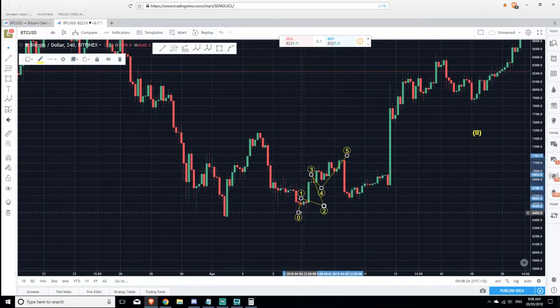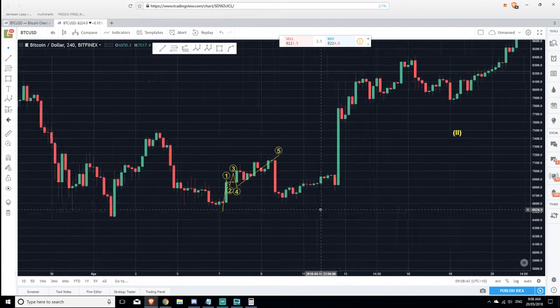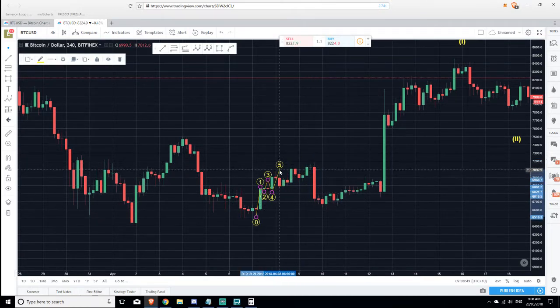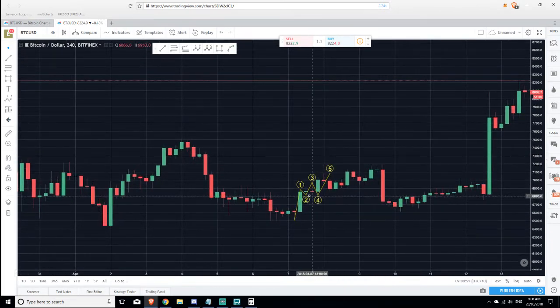Let's take this as the wave 1s and 2s. So that's wave 1, 2, 3, 4, then 1, 2, 3, 4, 5, 1, 2. This needs to be a 5, somewhere like that.